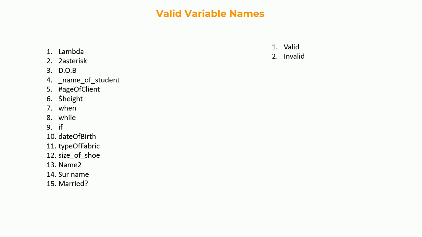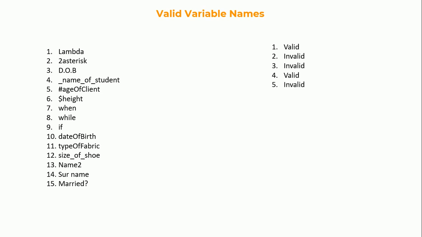The fourth one is valid because it starts with an underscore and all the rest are English alphabets blended with a mixture of the underscores, satisfying the rule 5. The fifth one is not valid because it has a special character starting and it is not an underscore.